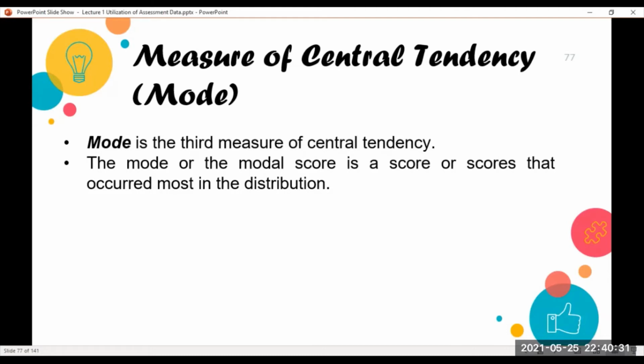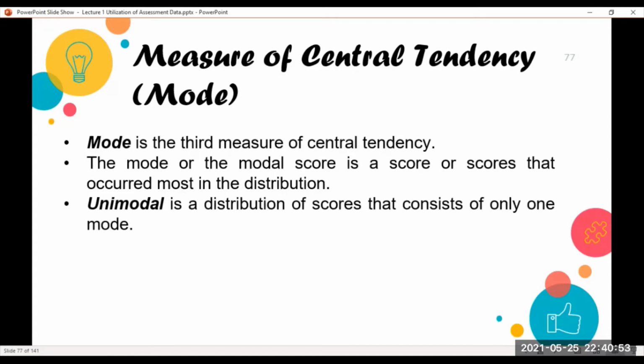Because for you to identify the mode, all you have to do is to find the score or scores, because you can actually get two or more scores here, that occurred most in the distribution. So just look for the number that appears more often, and that is the mode of that particular data. Okay.